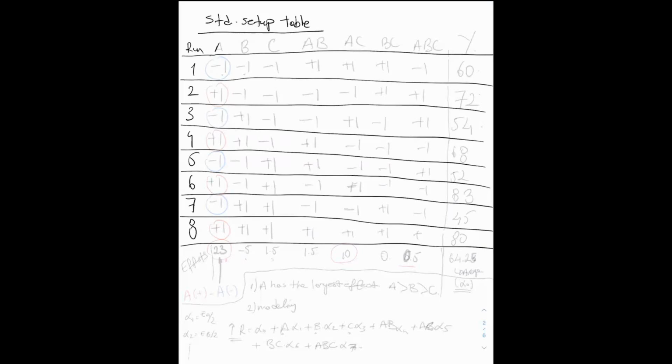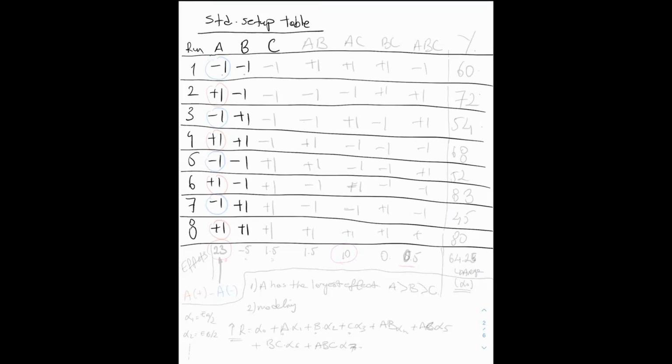So the first one is factor A, and I'm just using a coded view. That means that instead of using real values, I will use -1, +1, -1, +1, -1, +1, -1, and +1. For my factor B, I'll do the same thing, so it will be -1, -1, +1, +1, -1, -1, +1, +1.